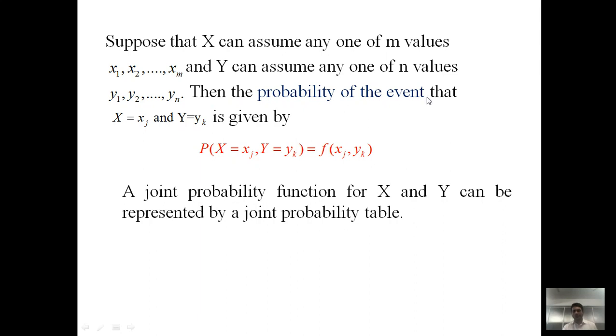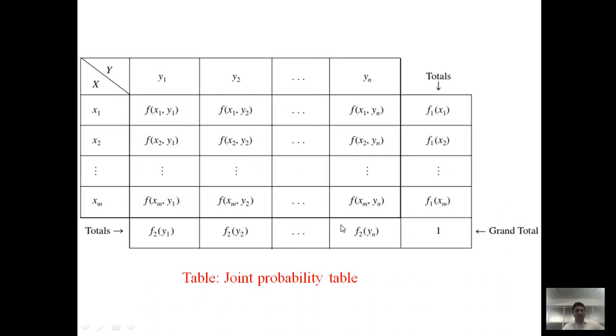Then the probability of the event corresponding to x equal to xj and y equal to yk is represented by f of (xj, yk). A joint probability function for X and Y can be represented by a joint probability table.